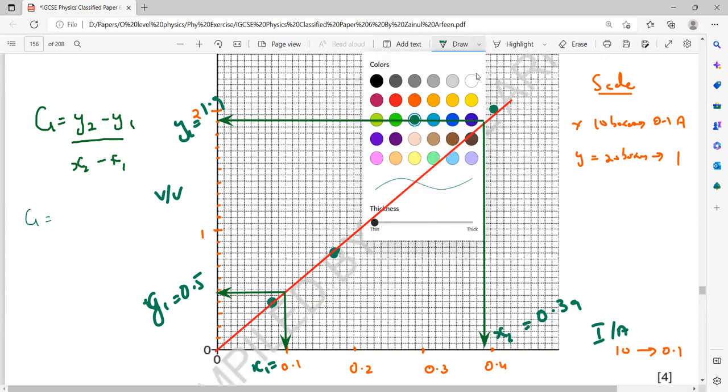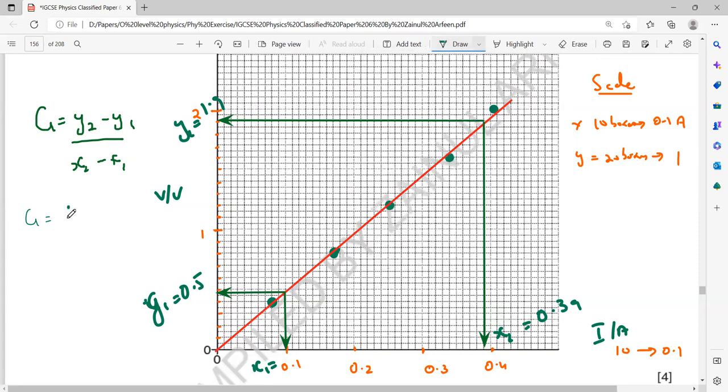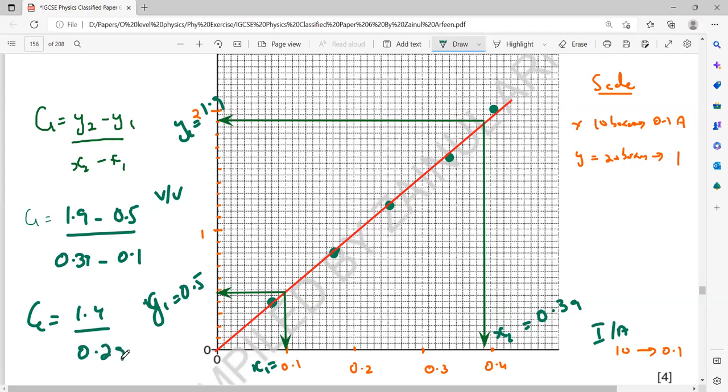The y2 was 1.9 minus y1 was 0.5, divided by x2 is 0.39 minus x1 is 0.1. So the gradient will be 1.4 over 0.39 minus 0.1, which is 0.29. So 1.4 divided by 0.29.